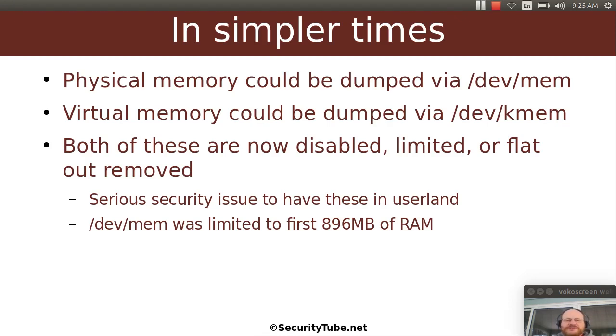If you can find a machine that still has devmem, it's limited to the first 896 meg of RAM. So you can't even get a gigabyte of RAM out of it. Now, if you're running a 64-bit Linux, there's absolutely no chance that you can use these devices. So what are you going to do?